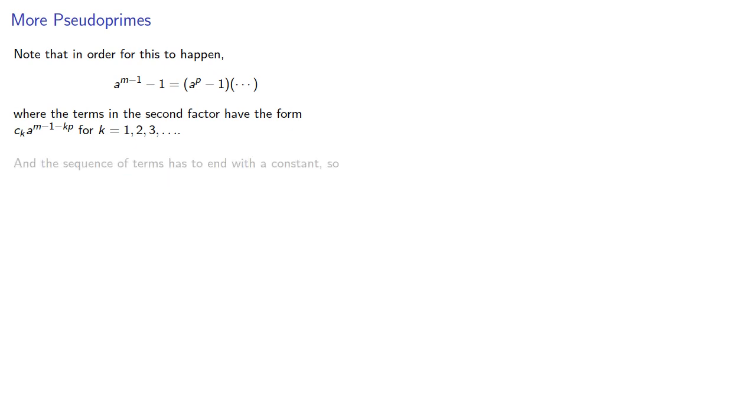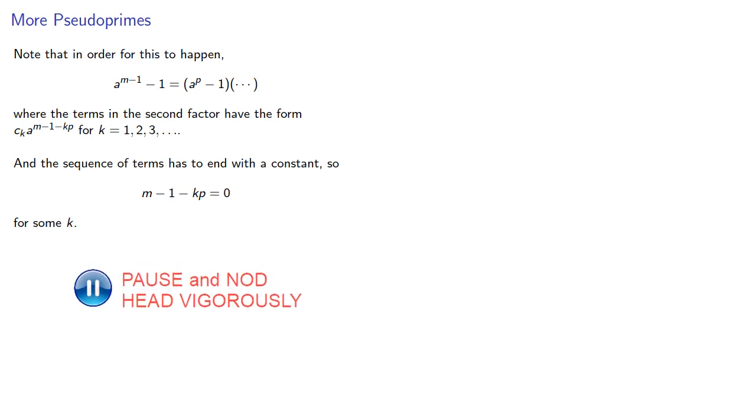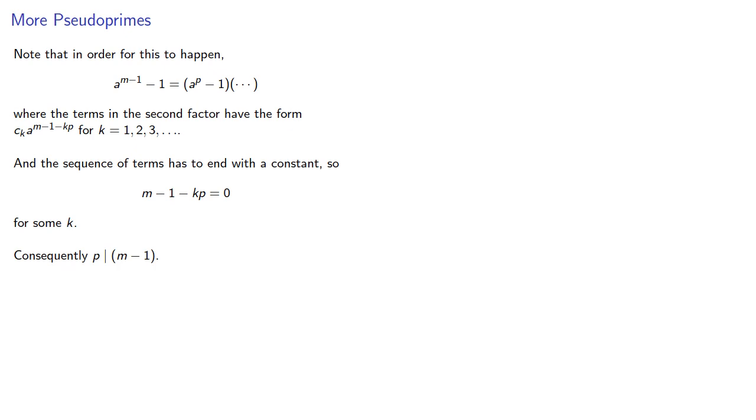And the sequence of terms has to end with a constant, so m minus 1 minus kp must be 0 for some value of k.